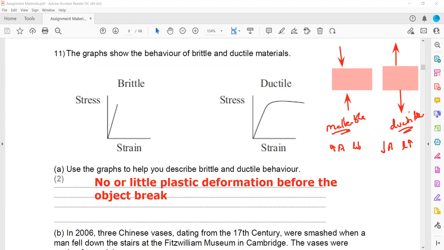Tensile stress means when we apply a force to increase the size, and when we apply a force to reduce the size, we call that compressive stress. So if an object undergoes plastic deformation under compressive stress, we call that object malleable. If an object undergoes a greater deformation under tensile stress, we call that ductile.